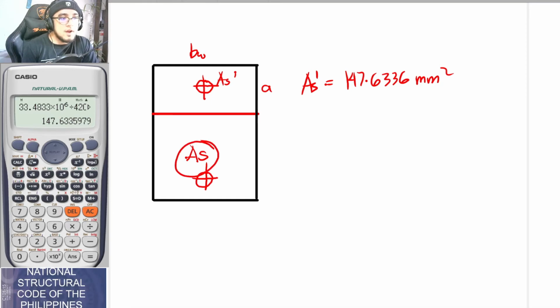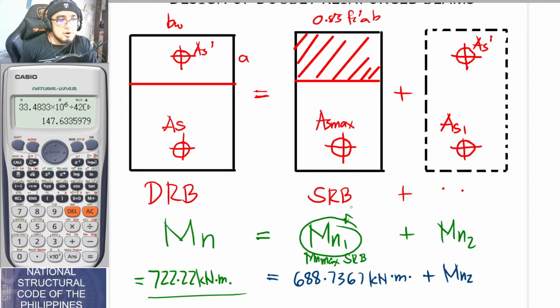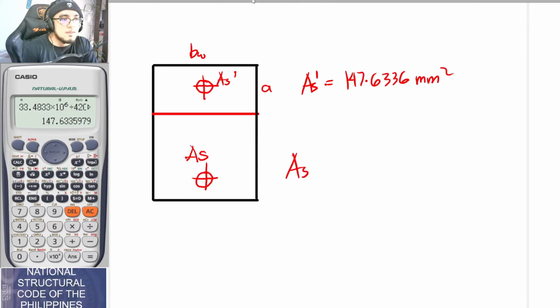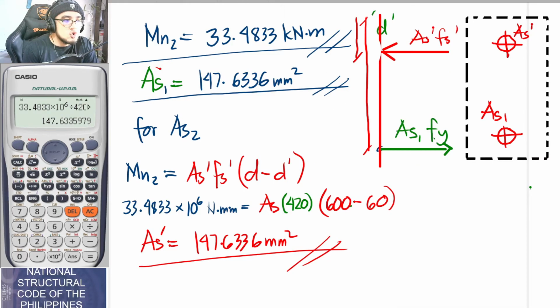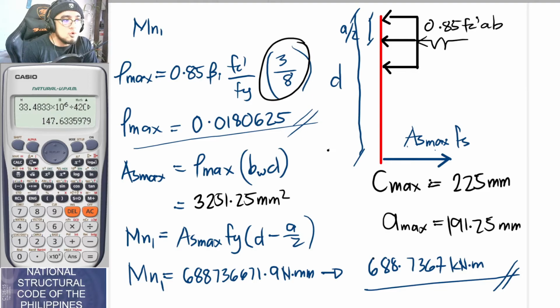And as for the value for your As, you should add As max and As1, because As is basically As max plus As1. So once again, As max plus As1. So what was our As max?